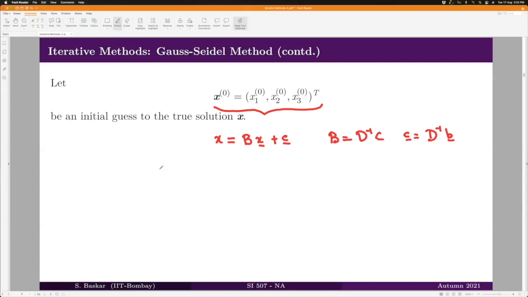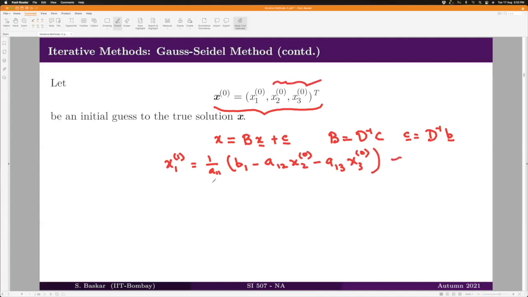If you write it component-wise, in the case of a 3 by 3 system, we get x1 of 1 is equal to 1 by a11 into b1 minus a12 x2 minus a13 x3, where x2 and x3 are replaced by the corresponding components of the initial guess.